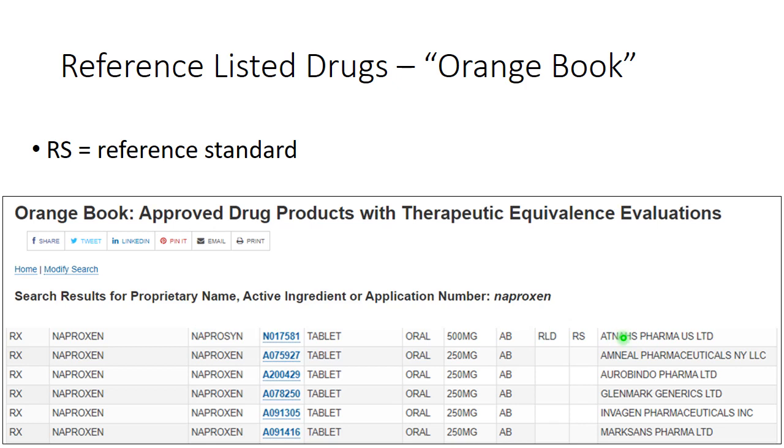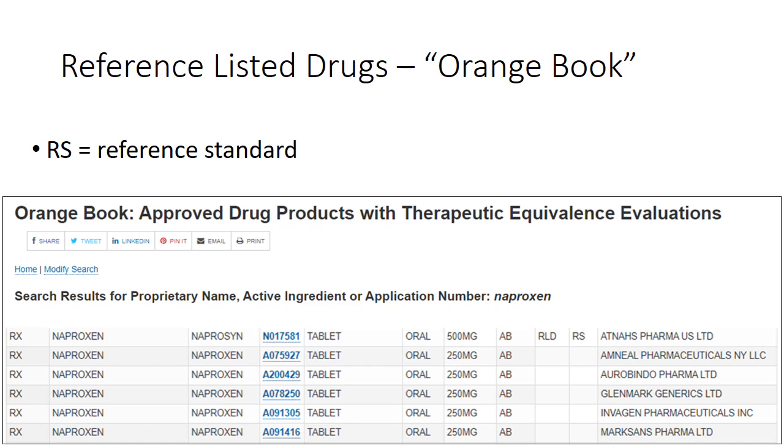But regardless, sometimes the reference standard might not be the original brand name manufacturer. If the brand name manufacturer discontinued their product, the reference standard would then generally be something else that's still on the market. So in this case, yes, Naprosyn was always the brand name, so that appears to be the correct original company that made the drug. So all of them are compared to that.